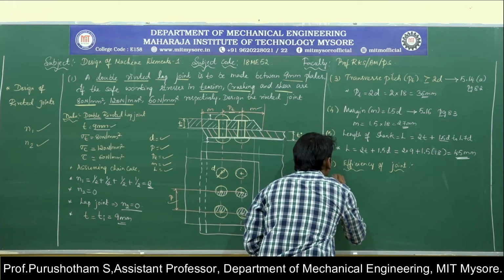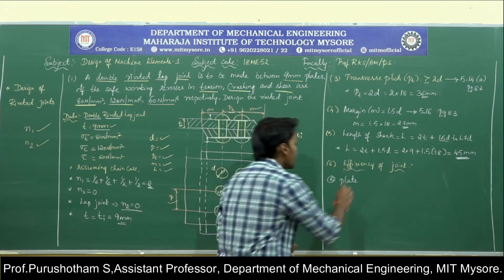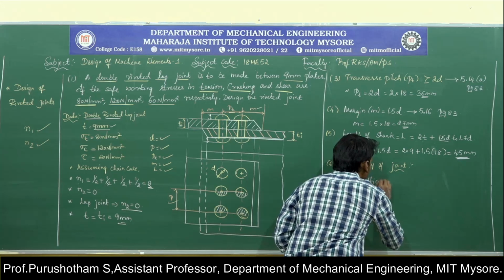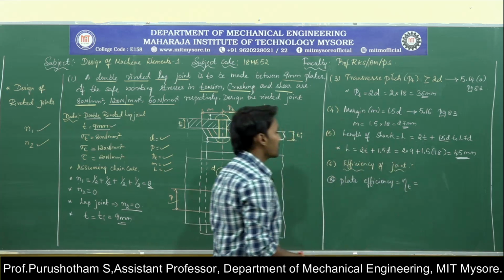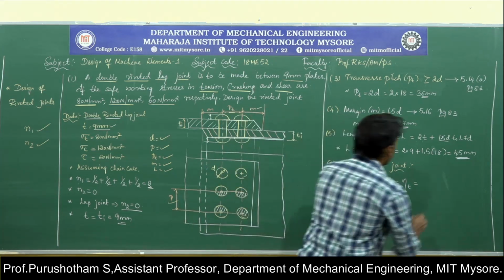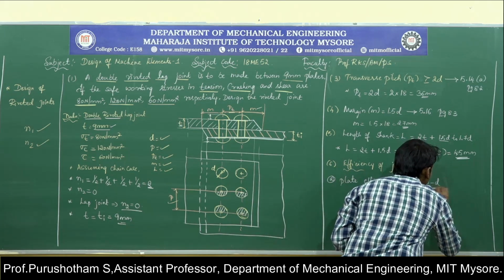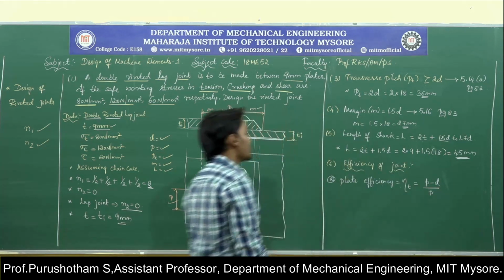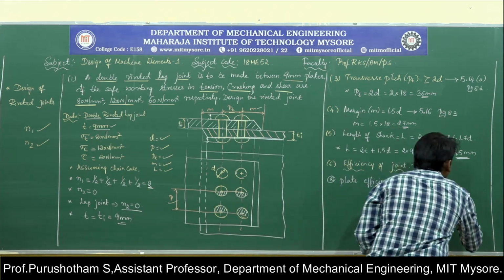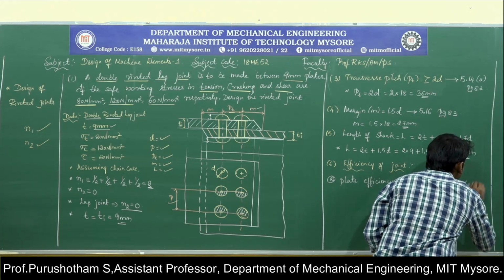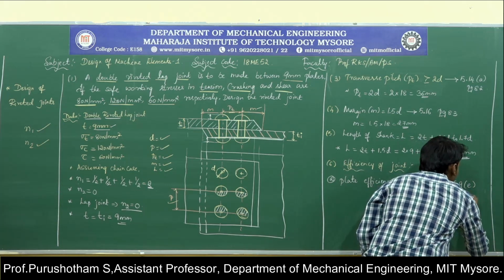The first one is the plate efficiency, which depends on the tensile strength. The plate efficiency, eta T, is given by pitch minus diameter divided by pitch. This equation is available in the data handbook, equation number 5.9E, page number 81.